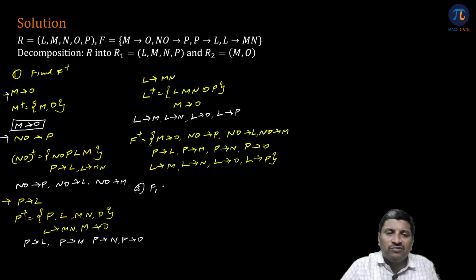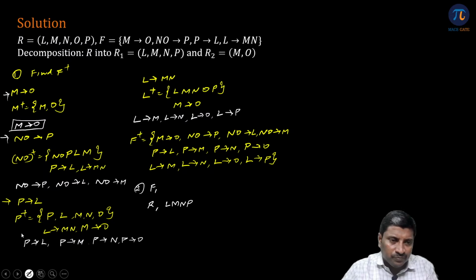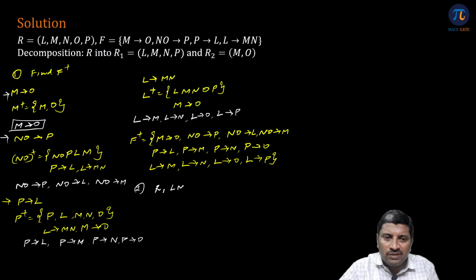What is the second step, sir? The second step is F1. To find F1, what is R1, sir? L, M, N, P. Right? R1 is L, M, N, P. What is F1, sir?